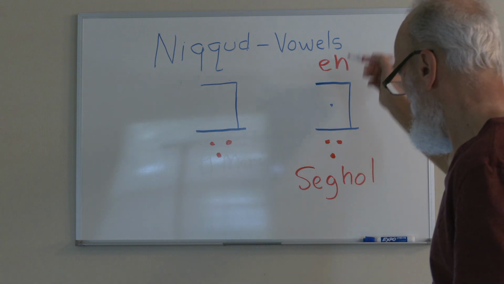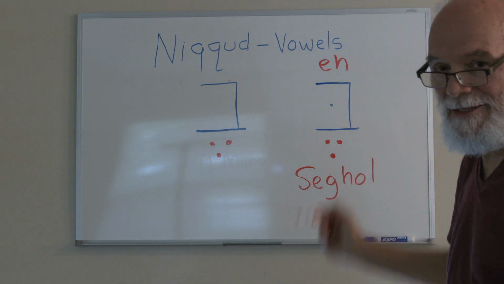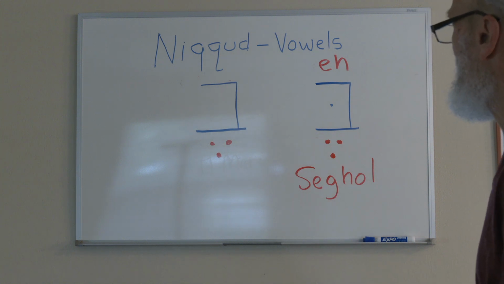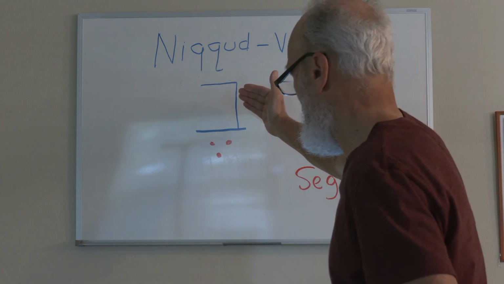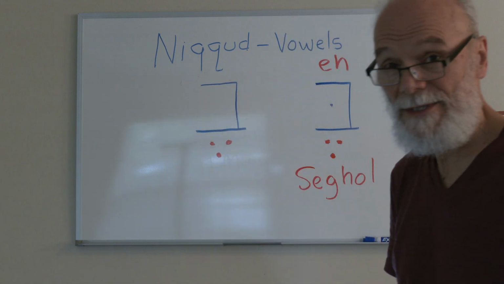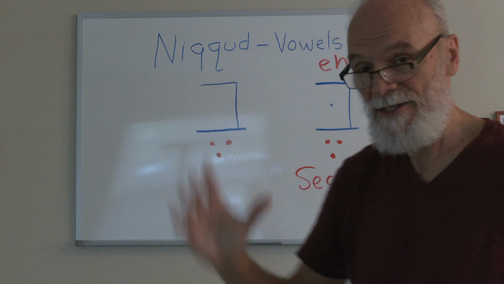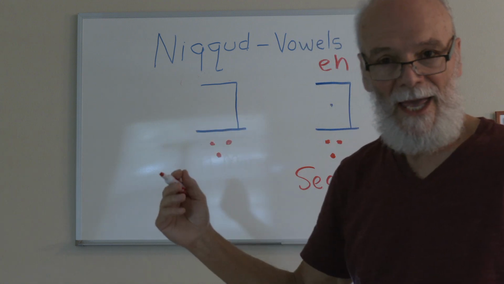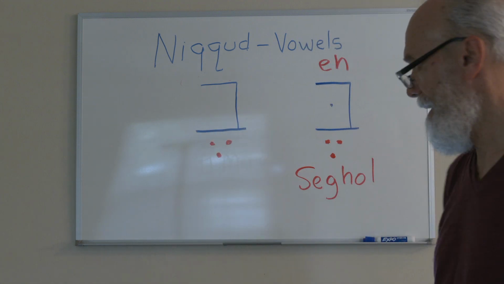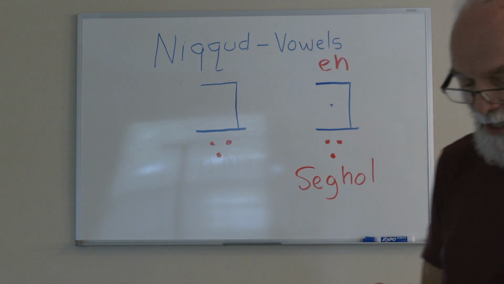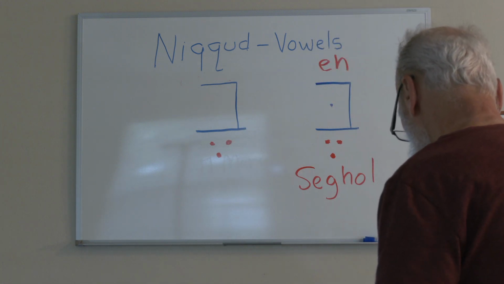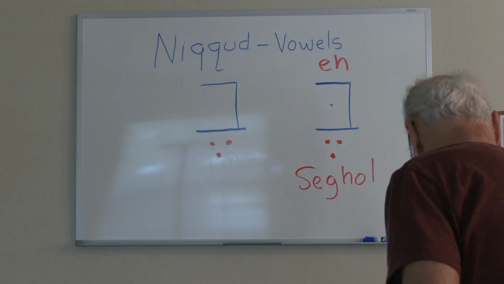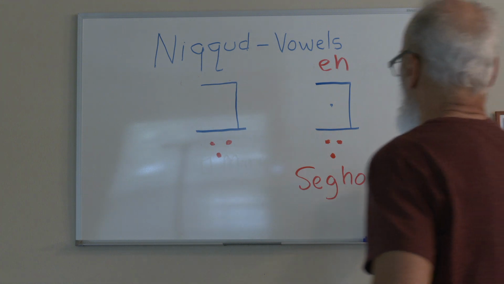Now we're coming over to the bet without the dagesh, has a v sound, and here has a ve, with the segol. Okay, so those are the two vowels that I'm going to give you today.